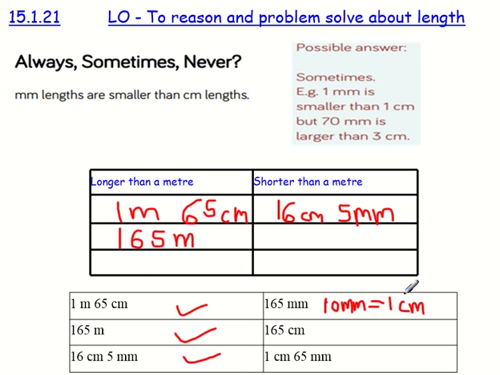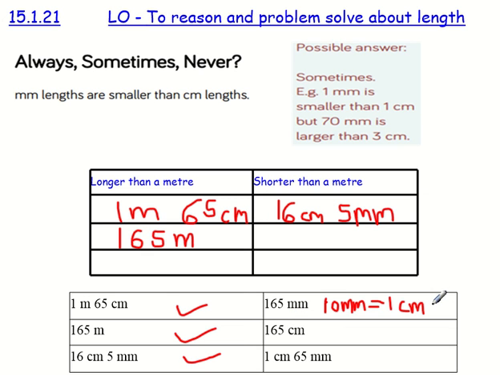So 10 is 1 centimetre, 20 is 2 centimetres, 30 is 3 centimetres, 40 is 4 centimetres, 50 is 5 centimetres. So it's going up. You can see that pattern. You're adding on with it. Okay, so 100 millimetres would be 10 centimetres, and 165 would be 16.5 centimetres.